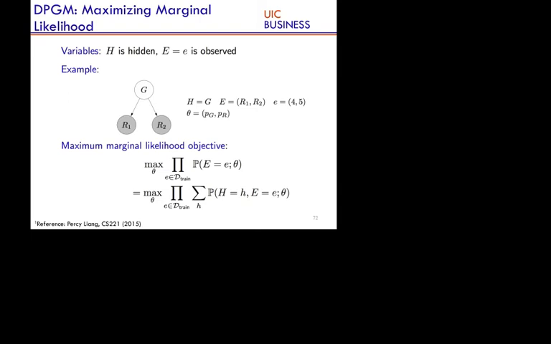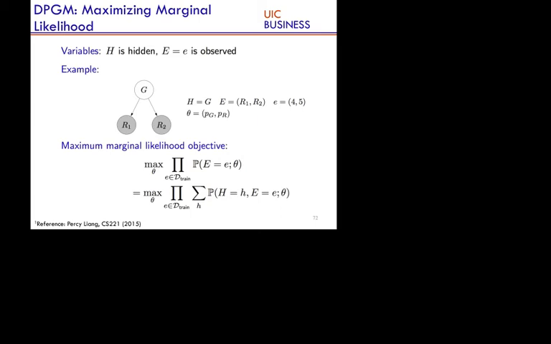So this is essentially an instantiation of incomplete data. Let's say H is hidden and E is observed. E is a random variable which takes a value E and is observed, and H is a random variable which is hidden, in the sense it's not observed at all in your data. In this case, H is the genre D and E is the two ratings R1 and R2, which were 4 and 5.